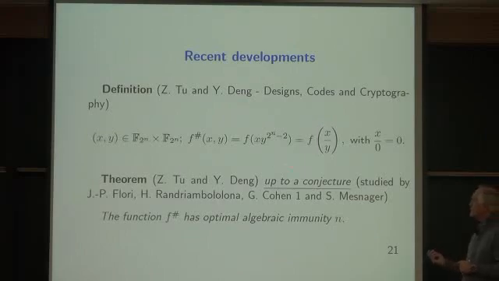But the conjecture deals with all values of n. They could prove that this function has optimal algebraic immunity. So since it has 2n variables, the optimal algebraic immunity is n. And this conjecture is still open.